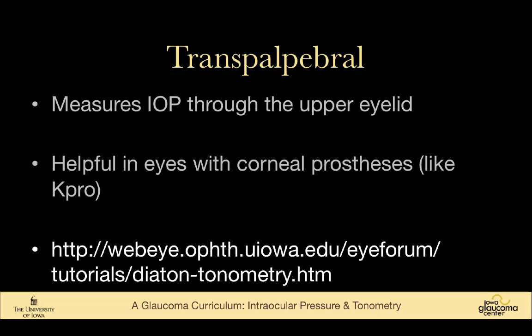One of our residents, Justin Risma, has a really good tutorial on Eye Rounds on how to use the Diaton. So if it's actually used correctly, it's fairly accurate at giving an approximation of the intraocular pressure. And that's beyond really the scope of this talk, but if one goes to Eye Rounds and Diaton, Justin will explain how to use it.